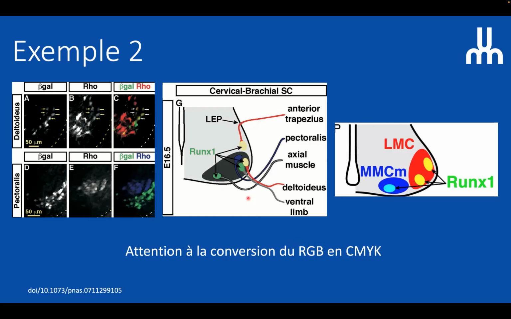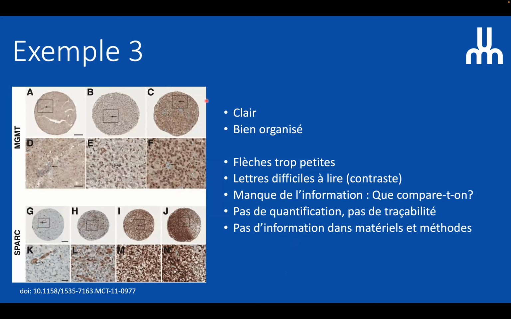This is another example that I found, comparing pathology images. It's better. You see that it's readable: A, B, C, D, E, F. There is more gap here, but the arrows are just way too small. I can barely see them. The squares also are not very good.